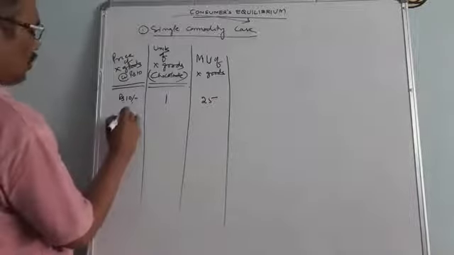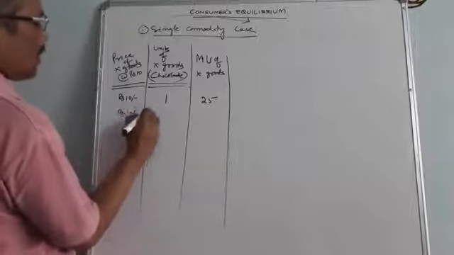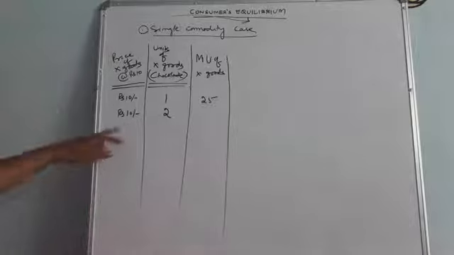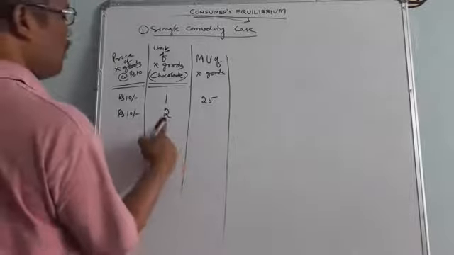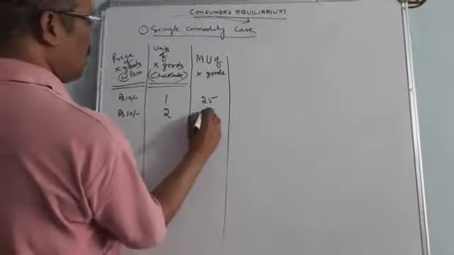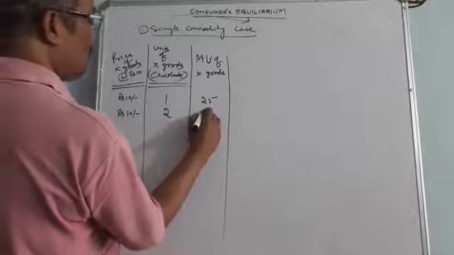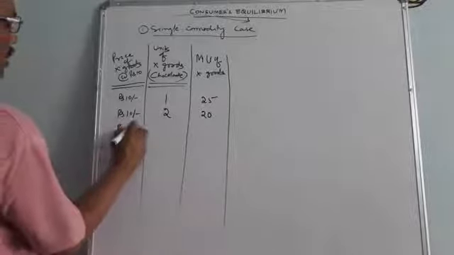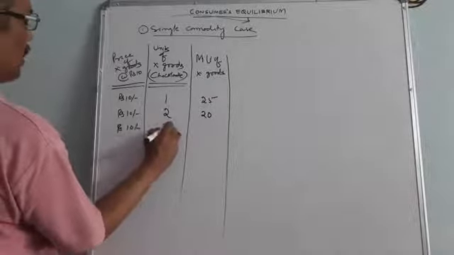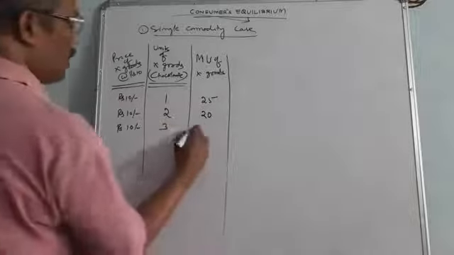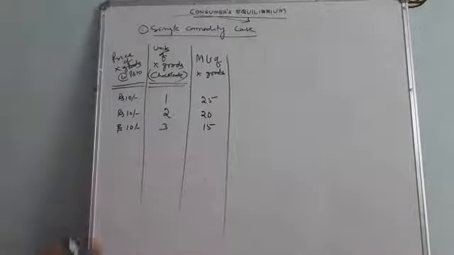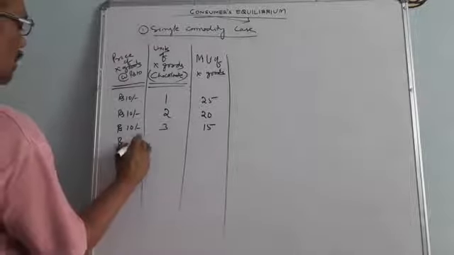Similarly, when you purchase the second unit of chocolate, you get marginal utility, suppose 20. For the third unit by paying 10 rupees, it will be 15.